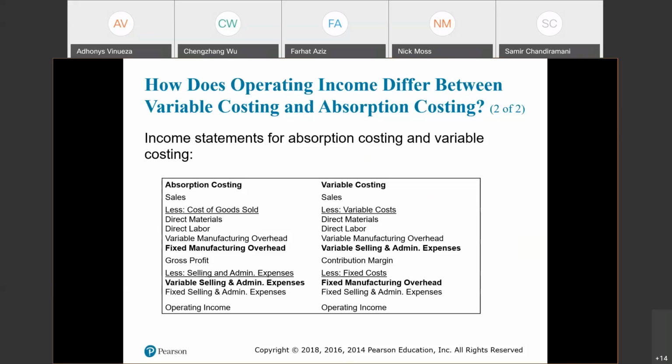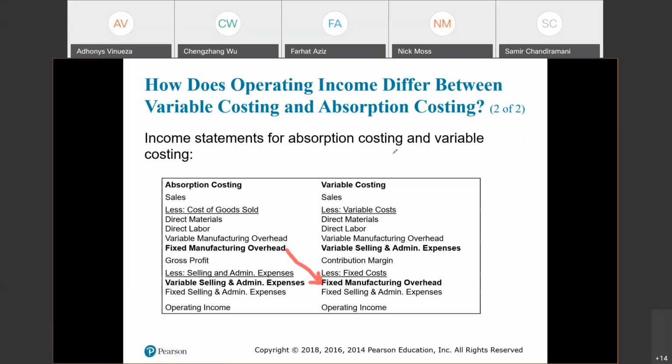But under variable costing, we use sales revenue less only variable costs. We get the contribution margin. And in variable costing, as you can see, the fixed manufacturing overhead comes to this part as the fixed cost.